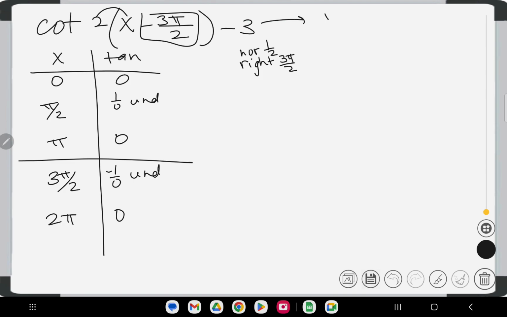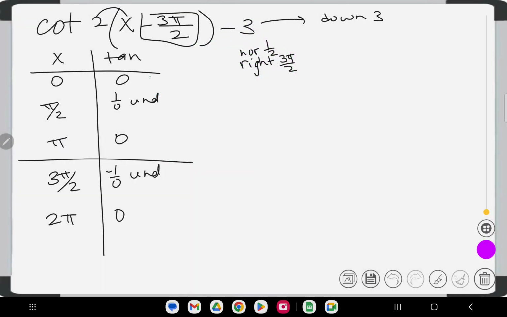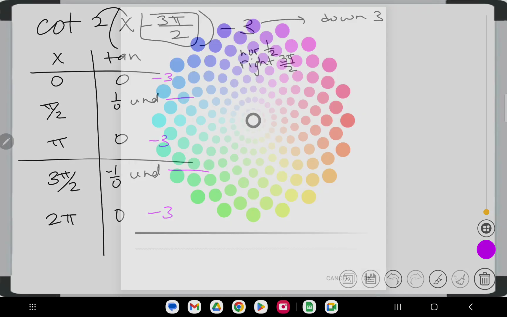And then that negative 3 tells me we went down 3. All right, since there's really only one vertical change, we can go ahead and get that new change. So, down 3. Still going to be undefined. Down 3, undefined. Down 3.